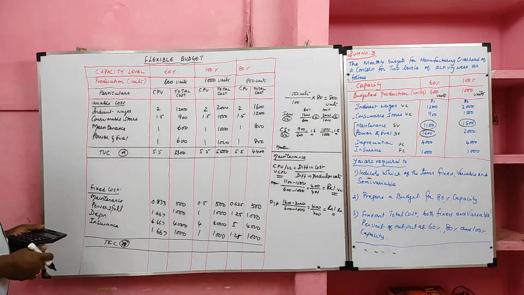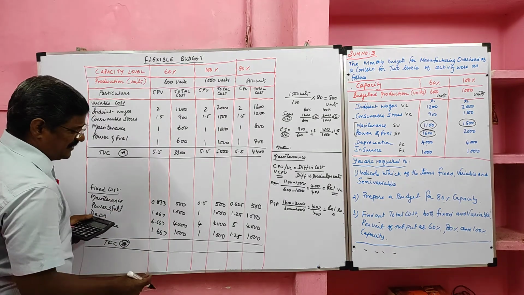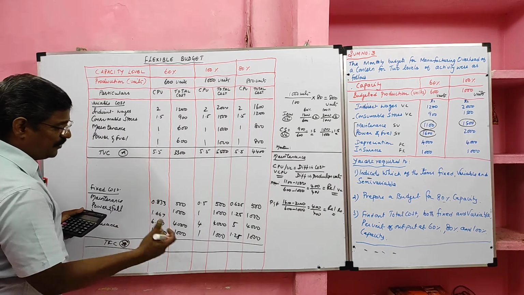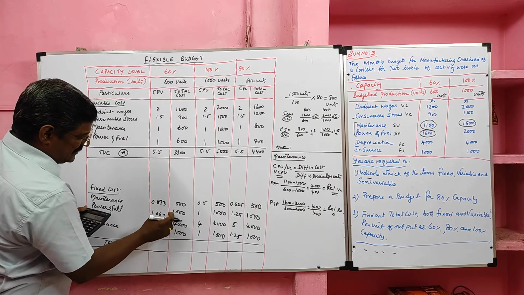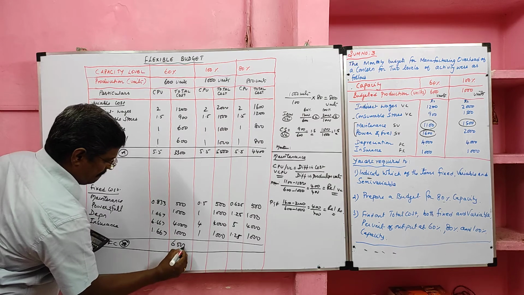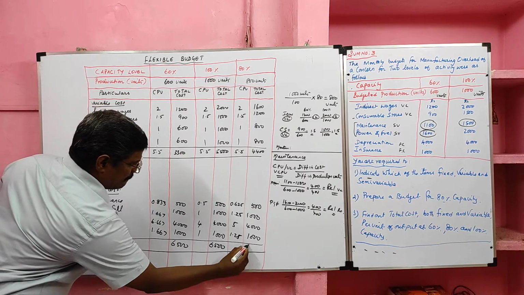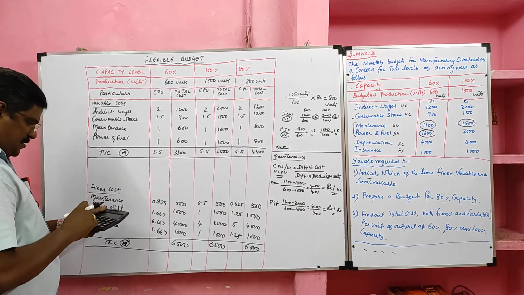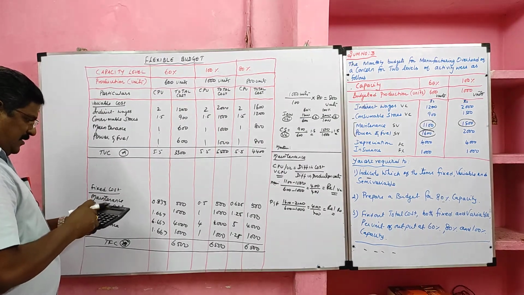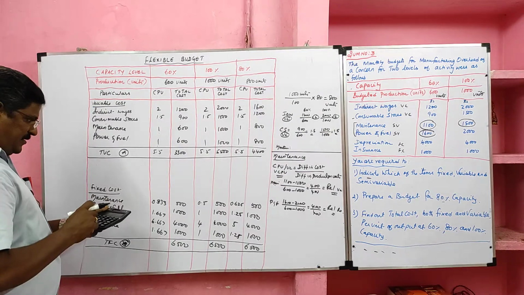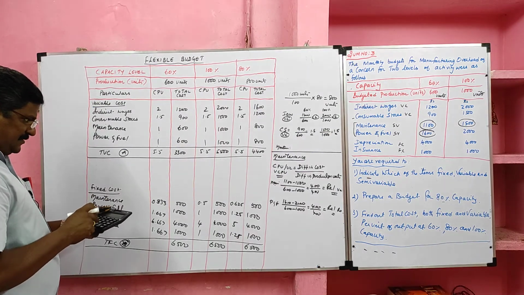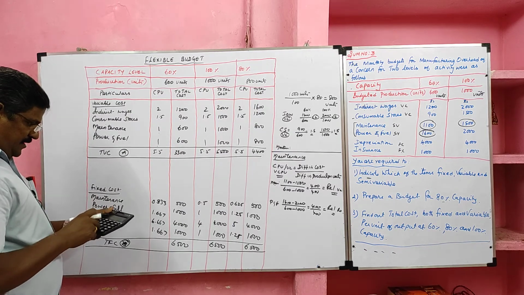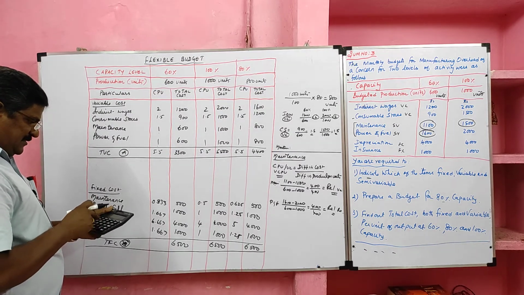Then come to fixed cost. Fixed cost concerned, the total cost remains constant at all levels of activity. Cost per unit, what happened? Changes. So 5000, 6000, 6500. Per unit we have to add 0.833 plus 0.833 plus 1.667 plus 6.667 plus 1.667.